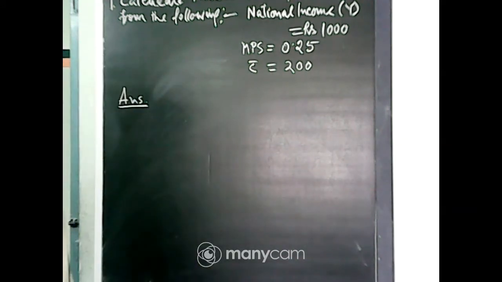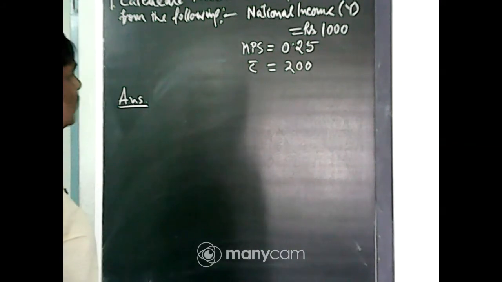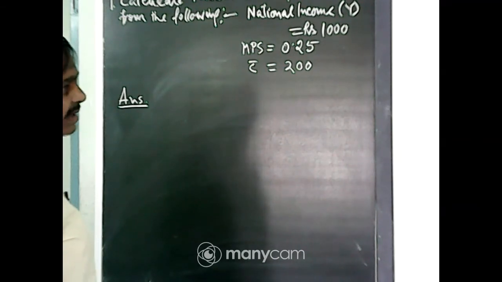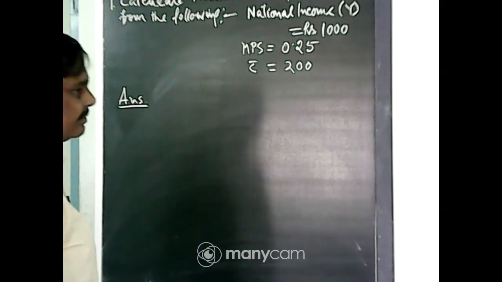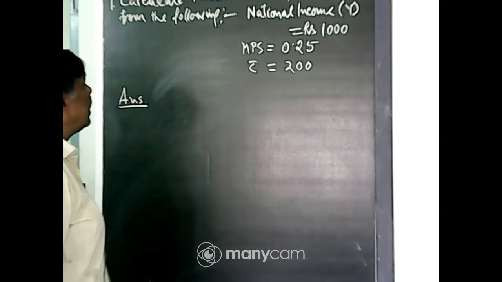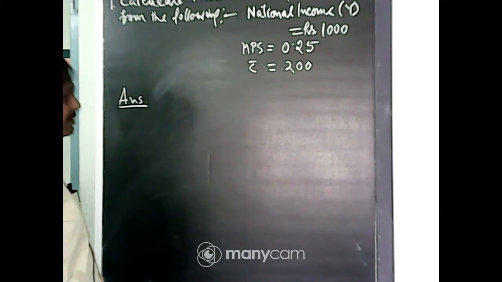I think the data given are quite clear to you. National income is equal to Y. Y is equal to rupees 1000. MPS, marginal propensity to save, is equal to 0.25, and C bar is autonomous consumption, and autonomous consumption is 200. You have to calculate investment.